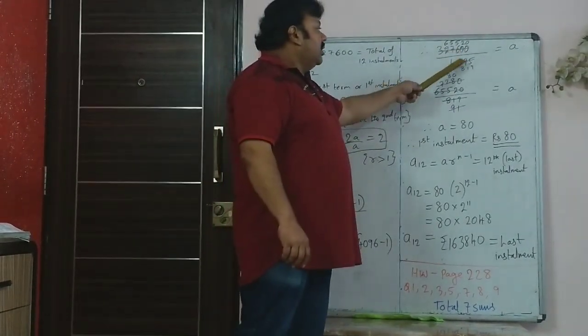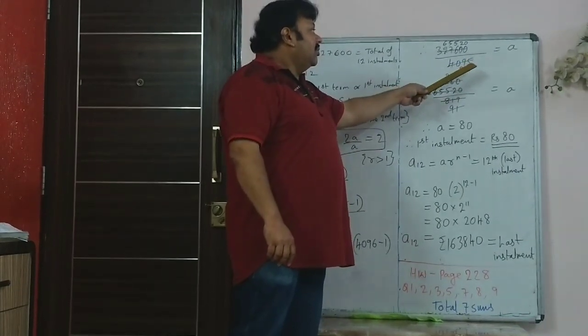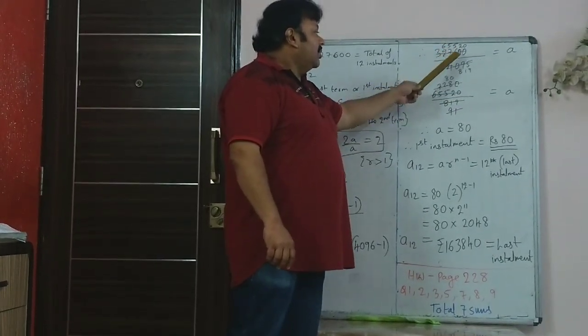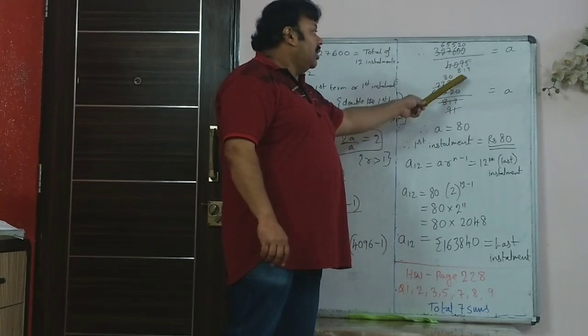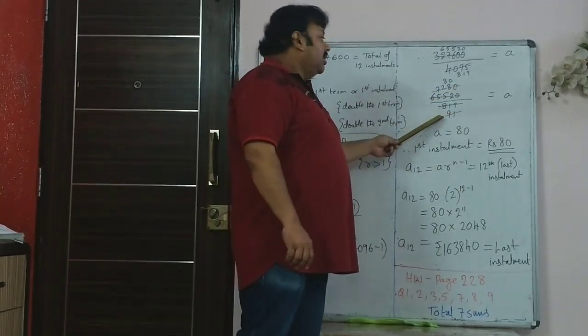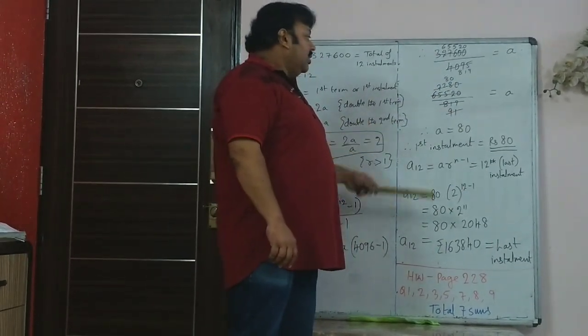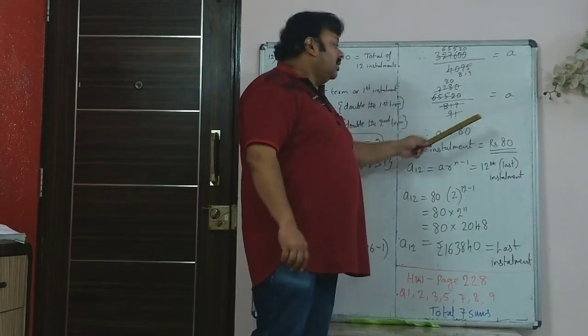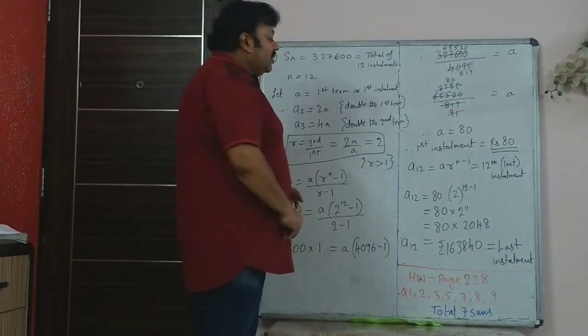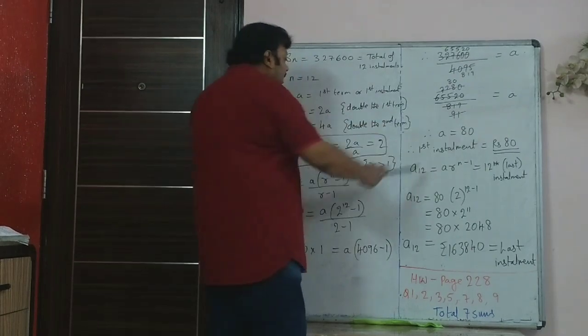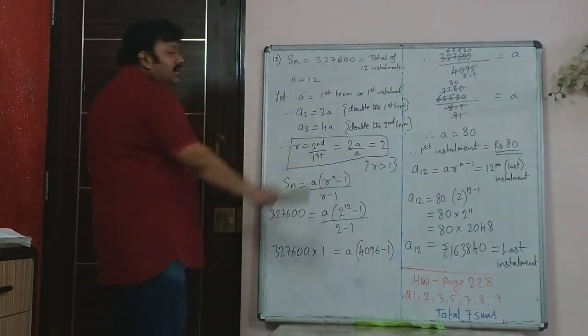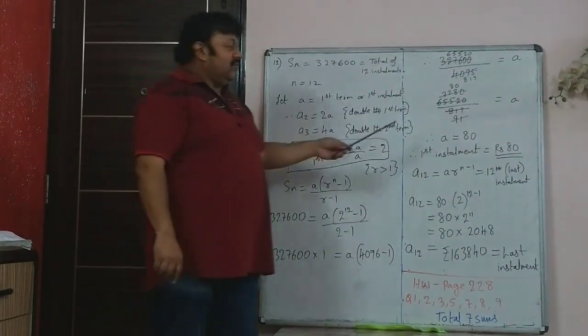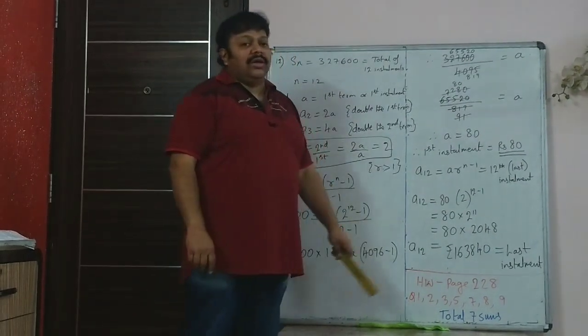On doing the division, first I divided by 5, then I got 65520 upon 819, then I divided it by 9. So when you divide it by 9, I got A is equal to 80 after the division. What is A? A is the amount paid in the first installment. So his first installment is only rupees 80.